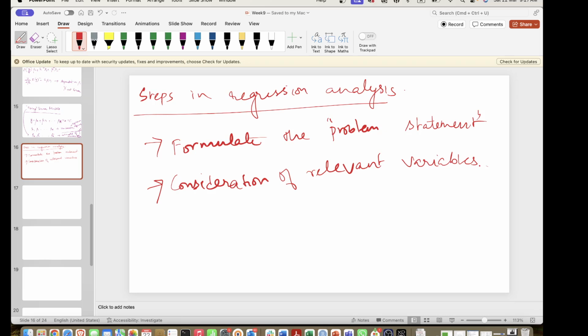So keeping everything in mind, with whatever resources that we have at hand, we should choose the relevant variables. That is all I am trying to say.